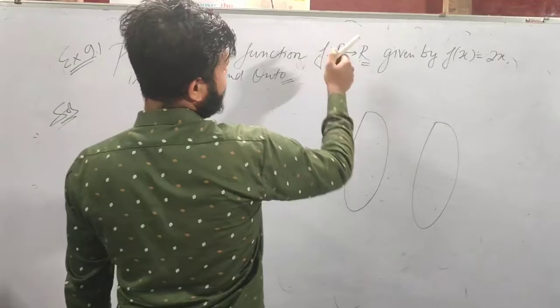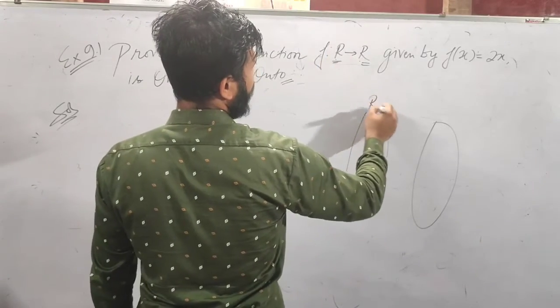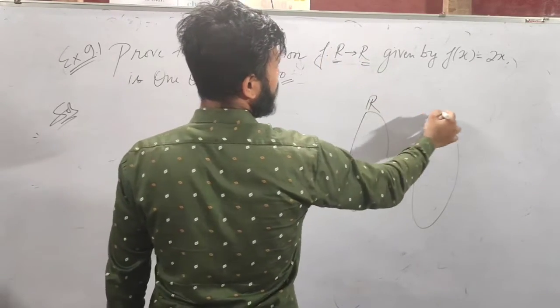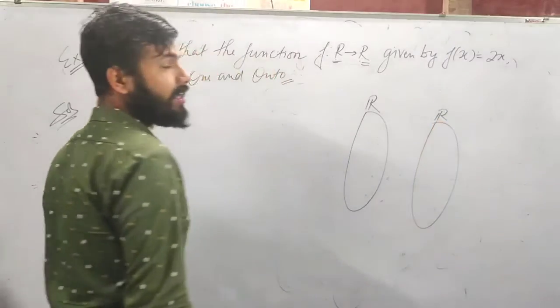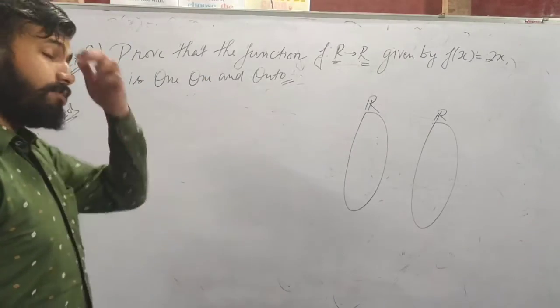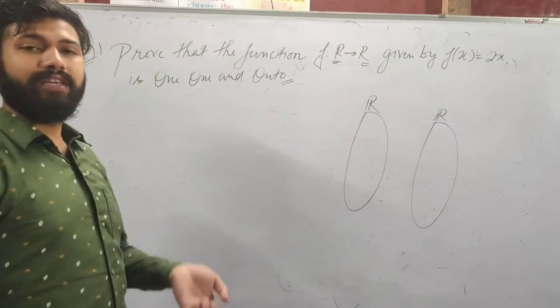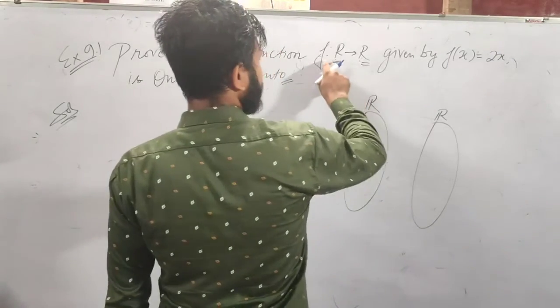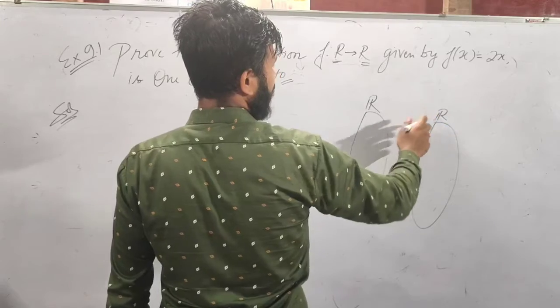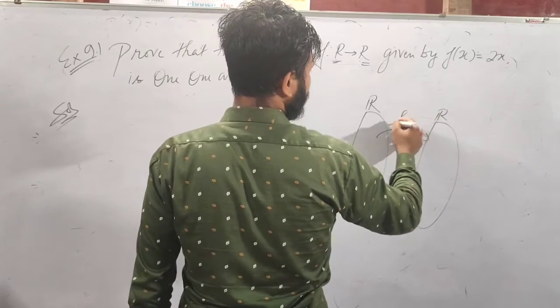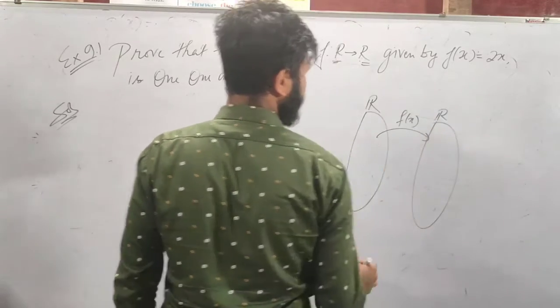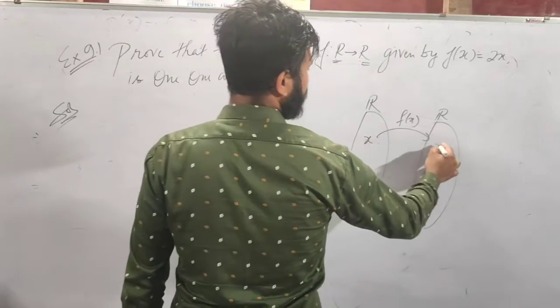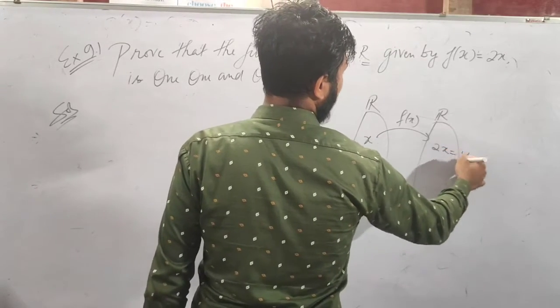But now it is the real numbers. From R to R, R represents what? Real numbers. Real numbers include all the rational, irrational, decimal, fractional, everything, so there is no restriction. And the function is from R to R, real number to real number. And how is the function defined? f(x) is equal to twice x, meaning for every x there will be some 2x, and this 2x is y.